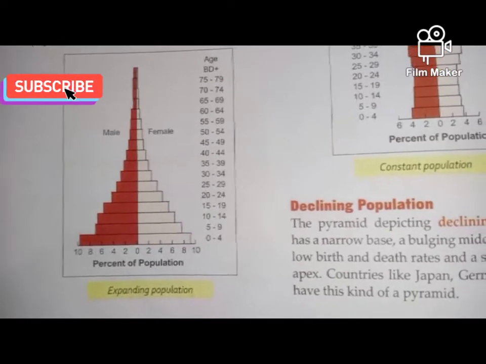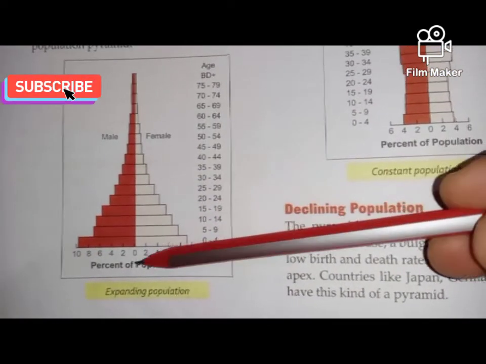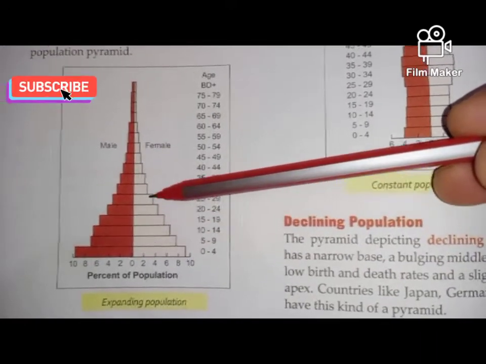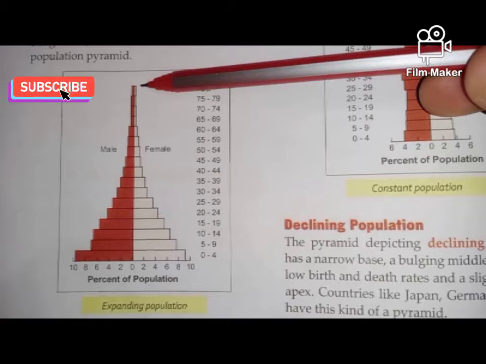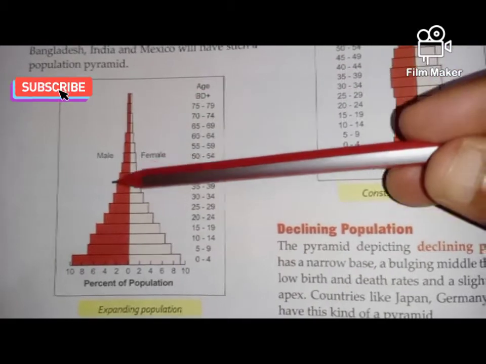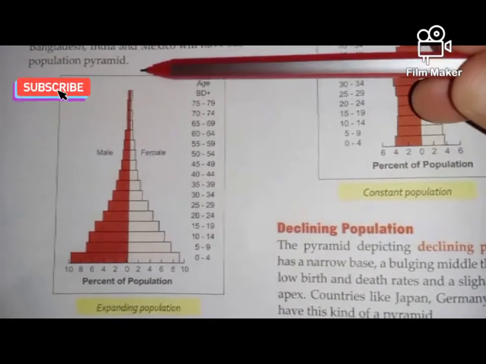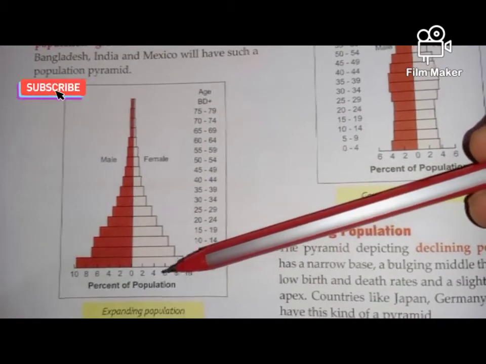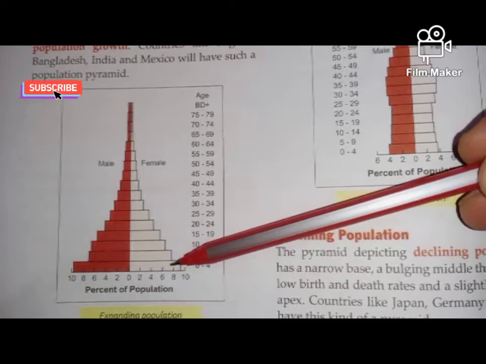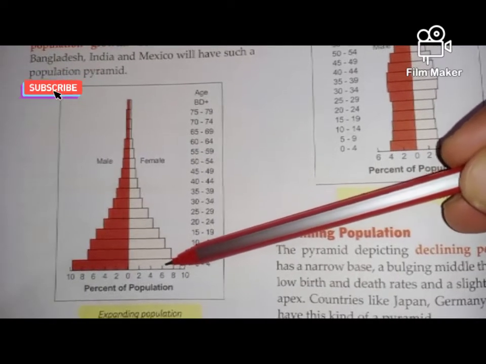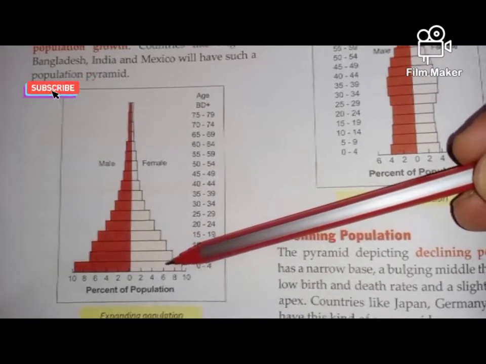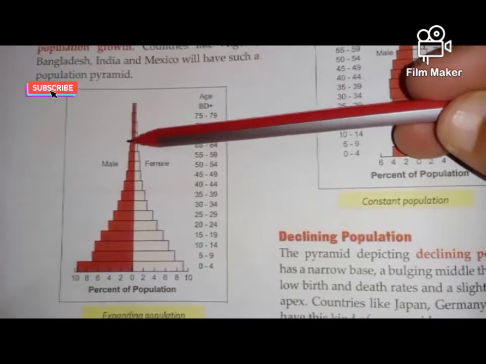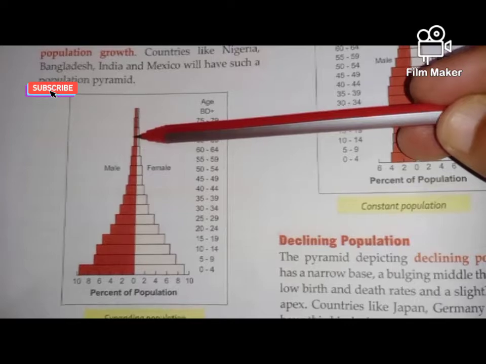You can see that this percentage of population can be expressed with the help of bars, and these are arranged in the form of a pyramid. And if you notice here, there are longer bars at the bottom or at the base, and shorter ones you can see at the top.